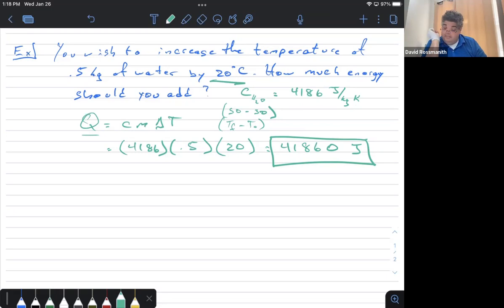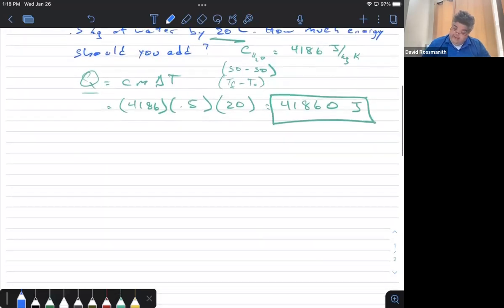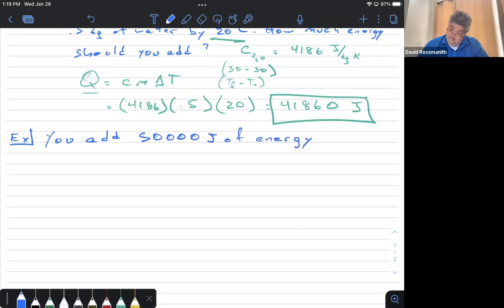Any other questions? All right, well, with that, let's try another example. Very similar. This time I'm going to say you add 50,000 joules of energy to 250 grams of water.